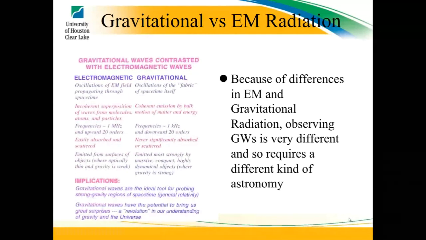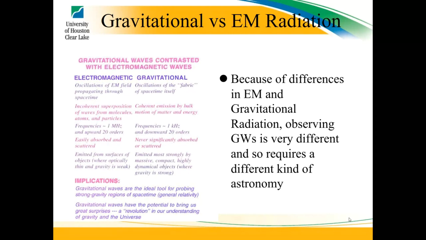The electromagnetic radiation affects different particles differently depending on their charge and, I guess, to a certain extent on their mass, where gravitational waves affect all matter the same, regardless of whether it's positive or negative charge.